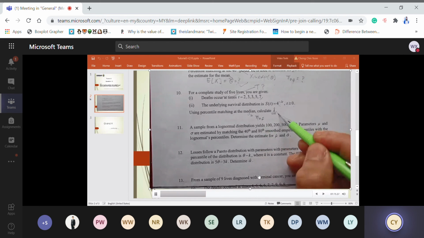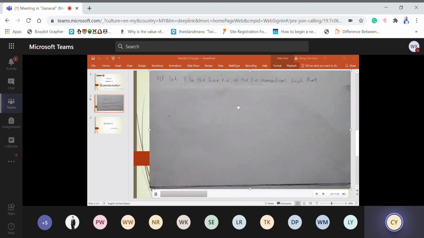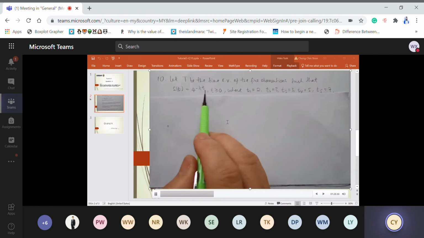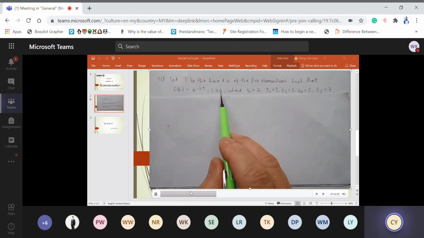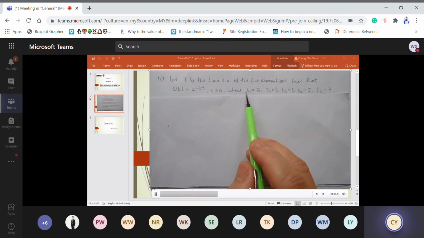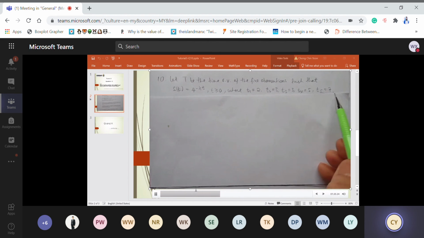Then this problem is solved. Solution for number 10. Let t be the time random variable of the 5 observations such that the survival at t is given by this formula for t greater than or equal to 0, where the 5 non-descending data is given by this.